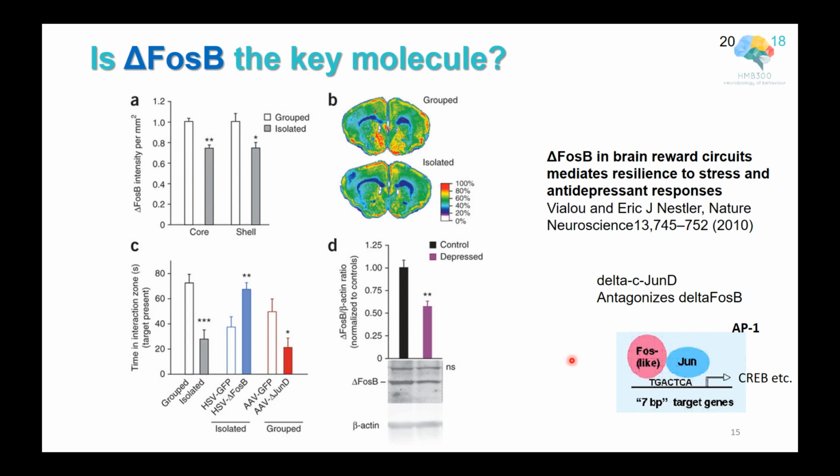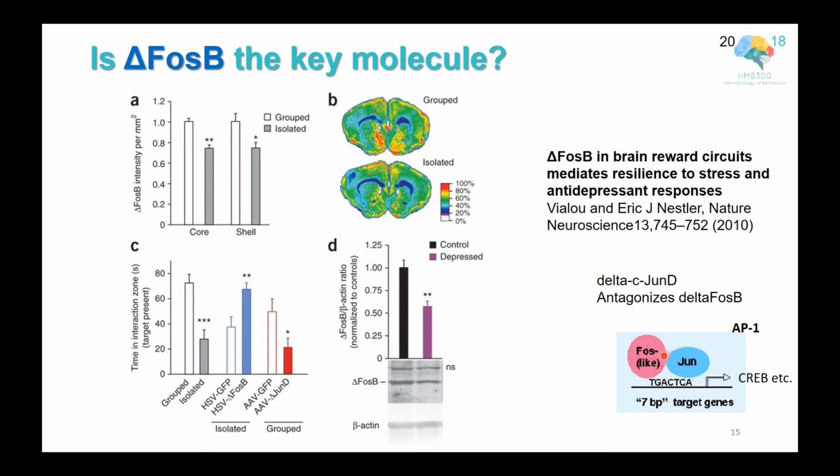And again, why is this delta JunD so important? So this is why we're interested in this. Delta FosB, or FosB-like protein, and JunD normally combine together. They form a complex that is called AP-1, and this complex AP-1 then sits on different target genes in the promoter regions to turn on expression of genes like CREB and others.